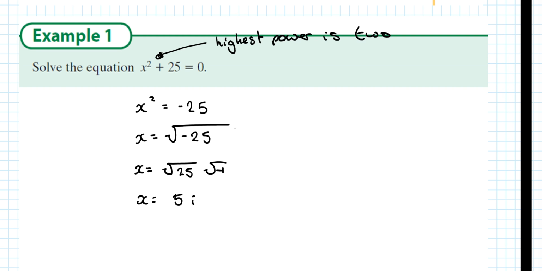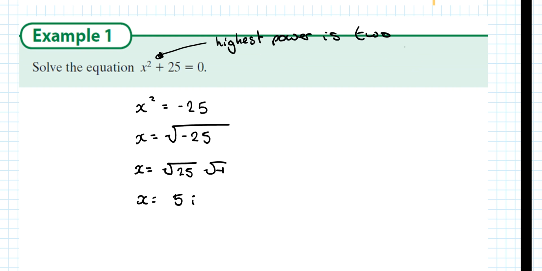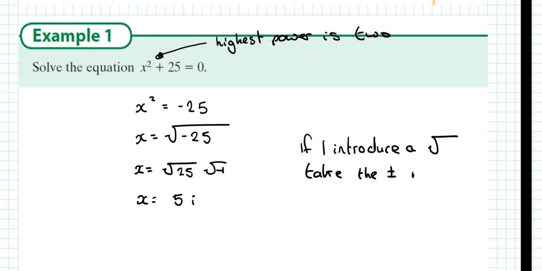5i. Now, I'm kind of breaking my own rule here. I said we should have 2 answers. Well, that's only 1 answer. How do I have 2 answers? Because if I introduce a square root, take the plus and minus version.